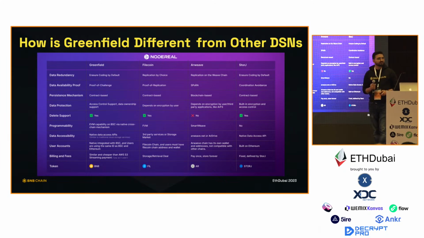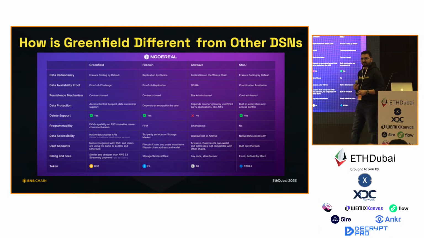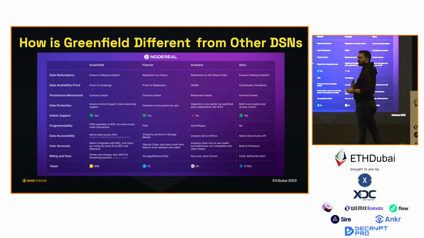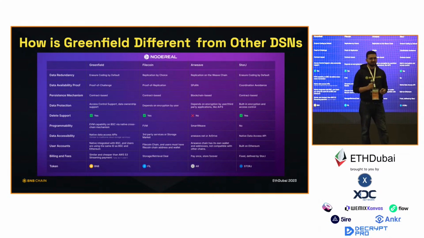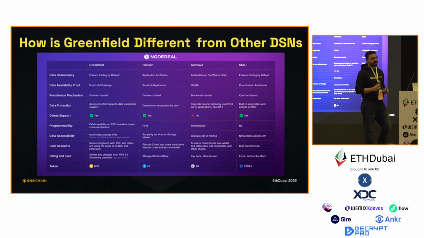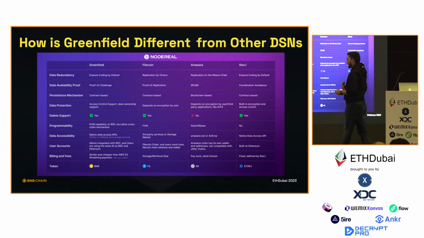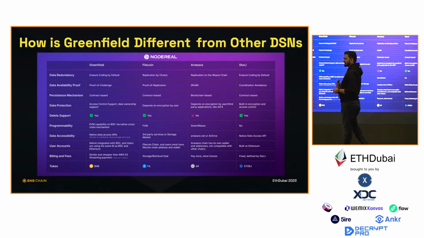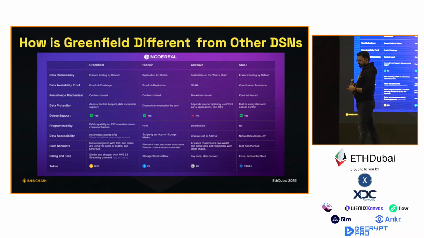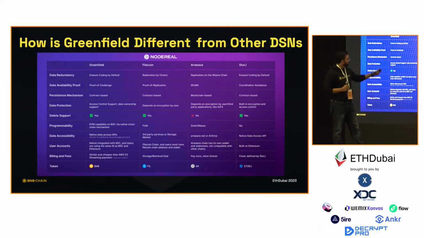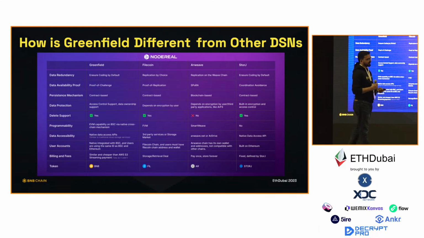It is similar to Amazon S3 storage, where you pay for the data and the storage you use. It is the same model that we have created on BNB Greenfield. For user accounts, there is native integration with BSC. The drawback of the others is that if your application is on a separate chain, for example with Arweave or Filecoin, there is a separation.